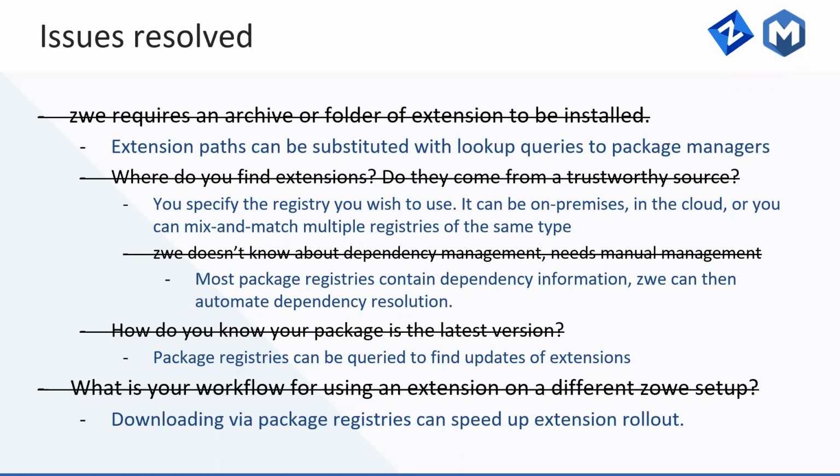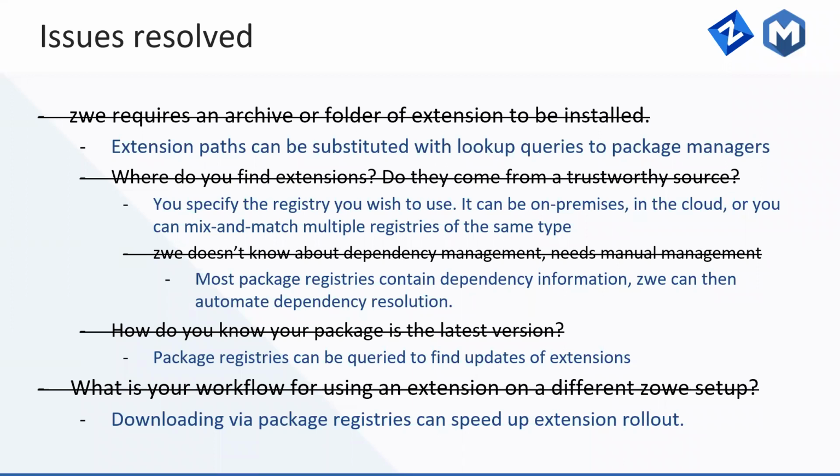Dependency management is resolved. You don't need to read documentation or do manual steps here because NPM at the very least will automatically install all the dependencies that you need. So instead of installing 5 extensions to get one working, if it needs all 5, it will install all 5 automatically.